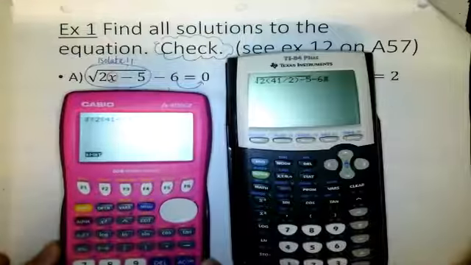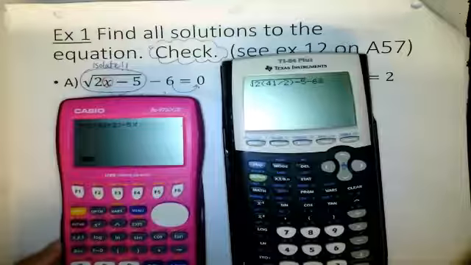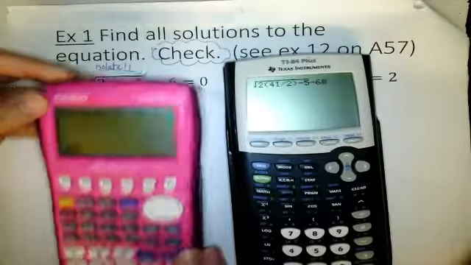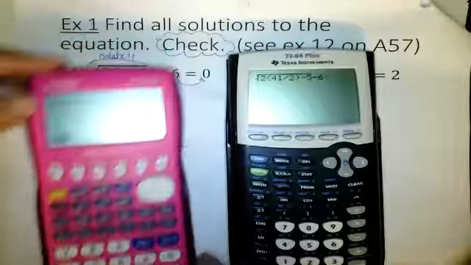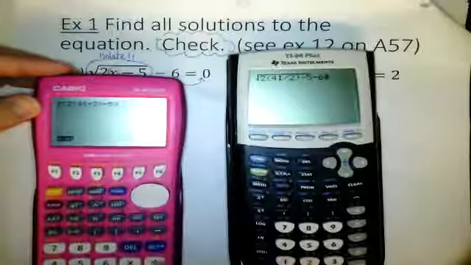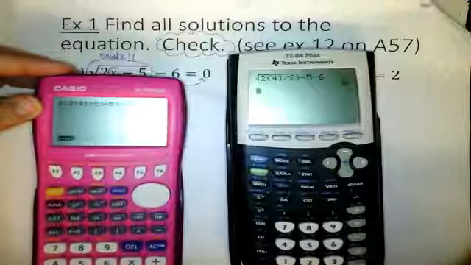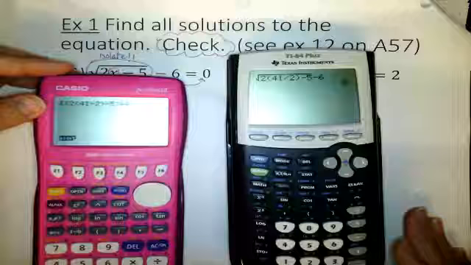And then subtracting 5. And I'm closing that set of parentheses. So that whole thing is inside parentheses. Sorry, I'm trying to find that sweet spot where you can actually see it. There it is. Okay. And then I'm going to subtract the 6 on the outside. And it's supposed to equal 0. So they both happen to equal 0. So watch those parentheses if you've got the Casio.